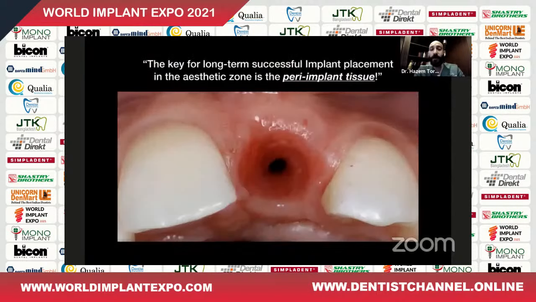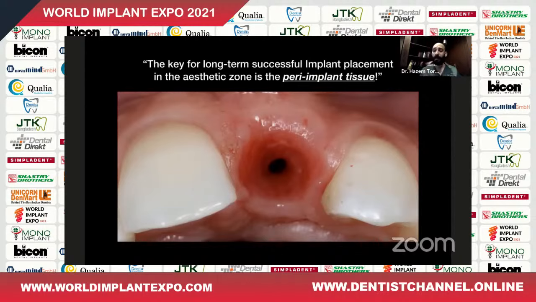The key for long-term successful implant placement in the aesthetic zone is always the peri-implant tissue. It's not only about the angulation of the implant, the position of the implant. It's not about the biomaterials that we choose. It's not about the implant design or the implant manufacturer. It's about the peri-implant tissue environment.